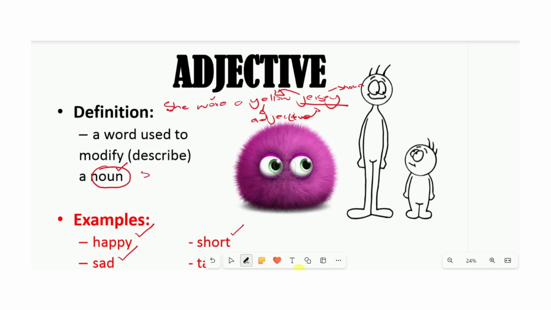The word slow is used to describe a tortoise. The boy is short. The word short is used to describe that boy. So in essence, adjectives are descriptive words that describe a noun, whereas an adverb will mostly modify or tell us more about the verb, the action that is being performed. So you should be in a position not to confuse an adjective with an adverb.